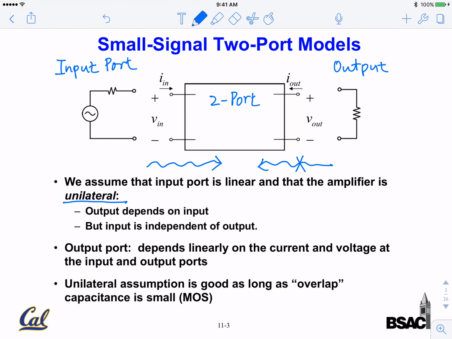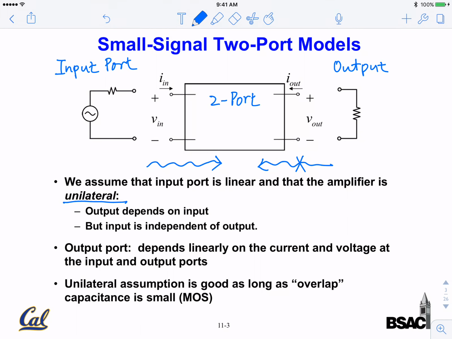This is not 100%. It is not like a one-way mirror where you only see in one direction. But the flow of signal from input to output is much, much bigger than from output back to input. So when we do the analysis, we will make this assumption. So these are unilateral circuits.